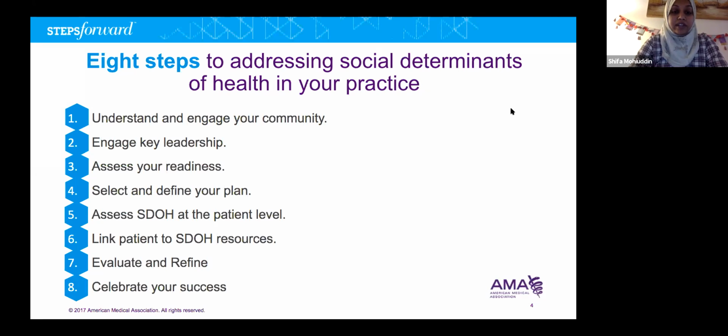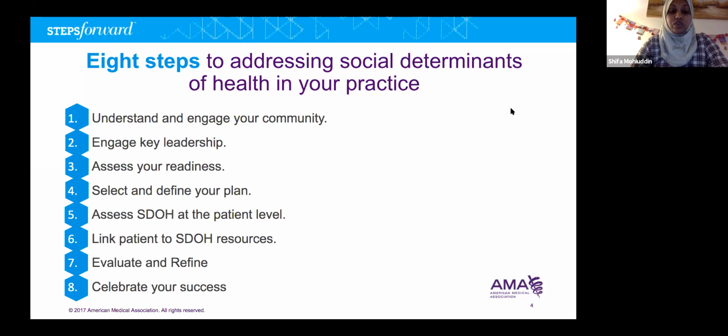But how do you translate that into a community level, and select and define your plan as to how to engage in trying to focus on a certain determinant of public health at the patient level?